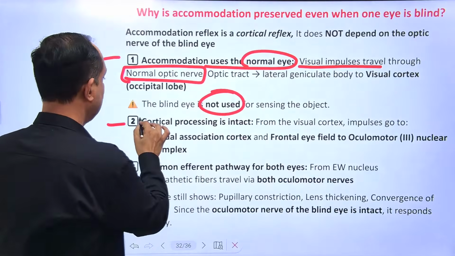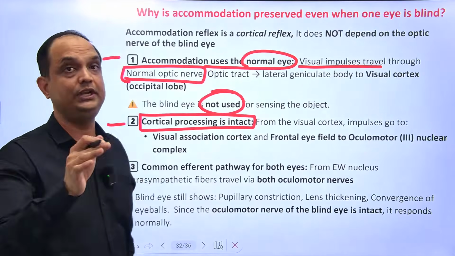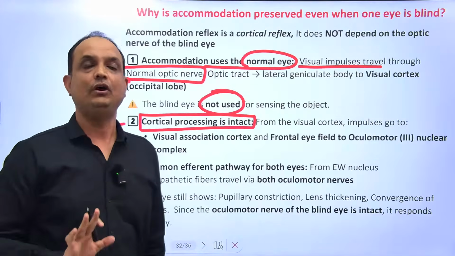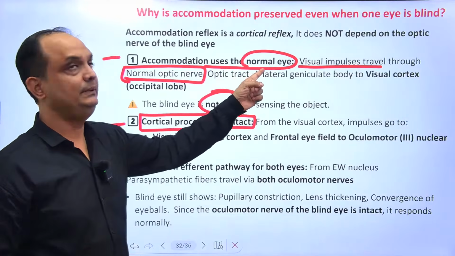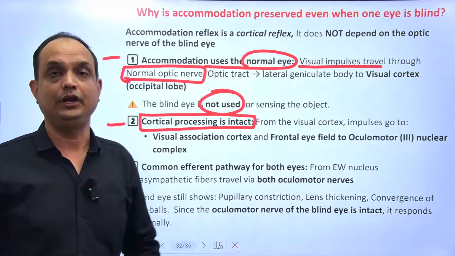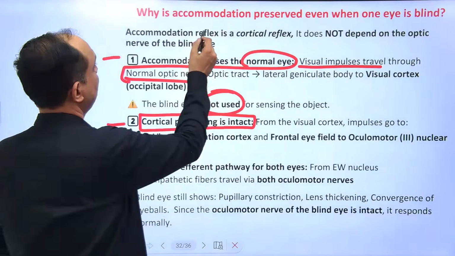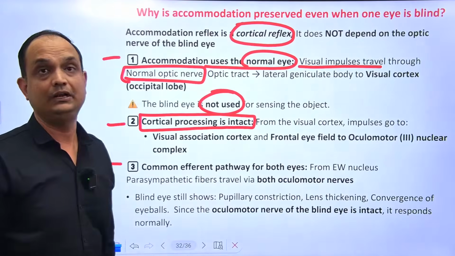The second thing is that cortical processing is intact. That means there is no injury in the brain. There is an injury only in the optic nerve. So the input has already entered through the normal eye, and the processing occurs at the cortical level. Why? Because we already discussed that the accommodation reflex is a cortical reflex.